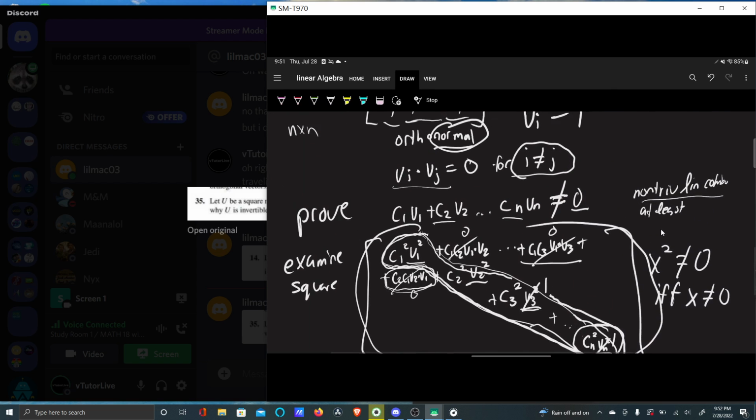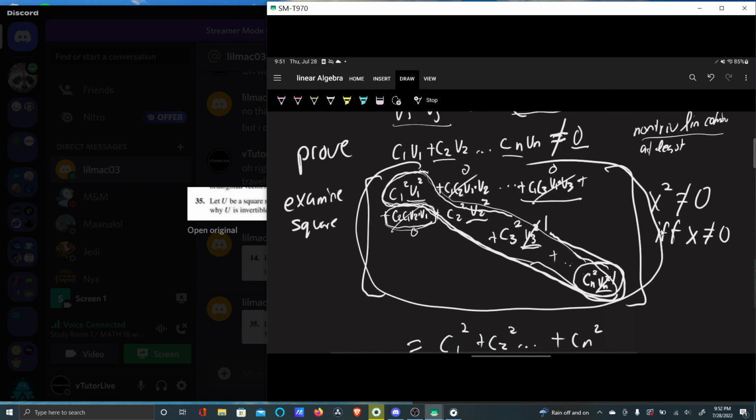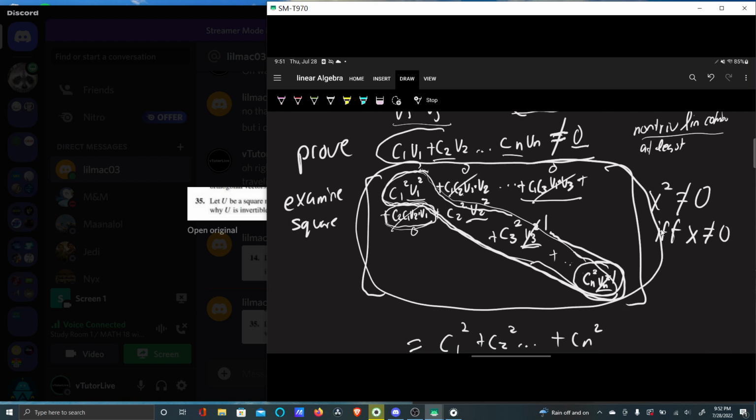So this means that we know that this is not equal to 0. The original statement is not equal to 0 if and only if the C's are non-trivial. Does that kind of make sense?